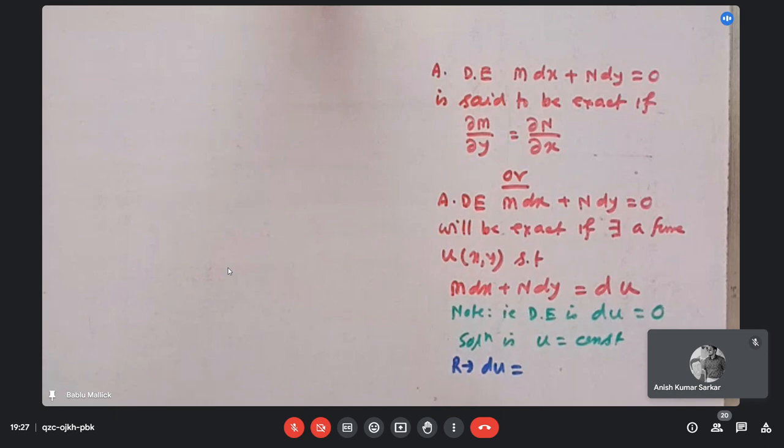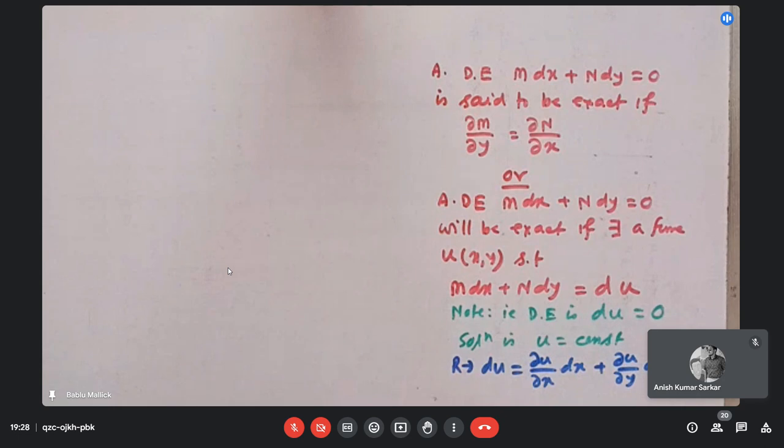Write the result. du can be written in this way, this is a result: du means del u by del x into dx plus del u by del y into dy.